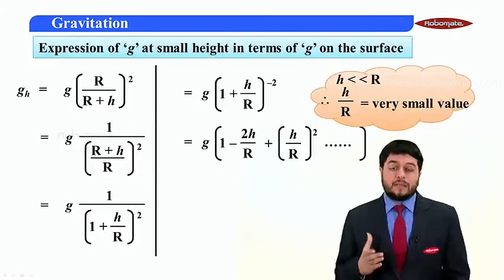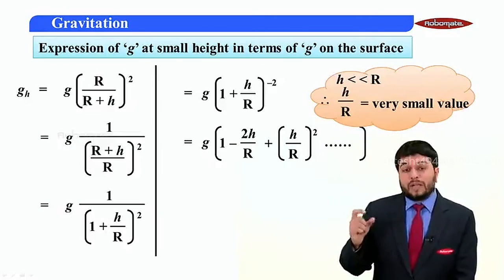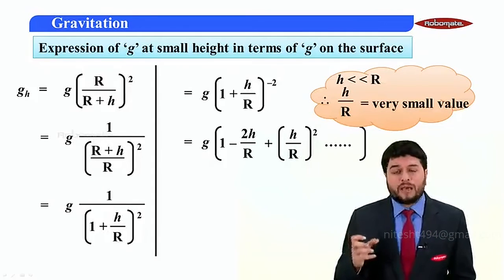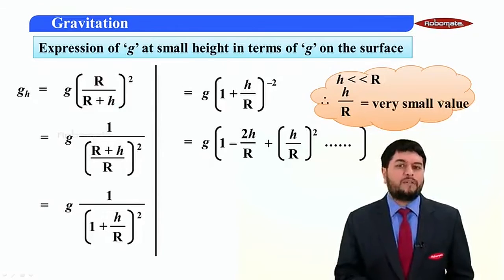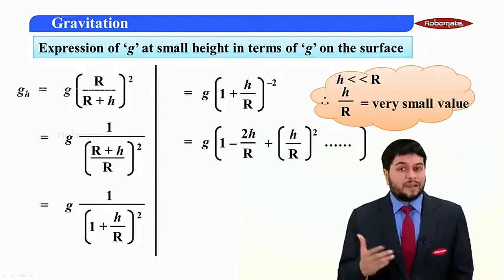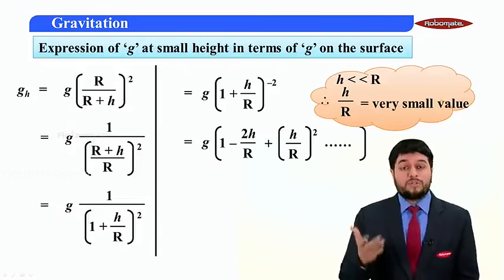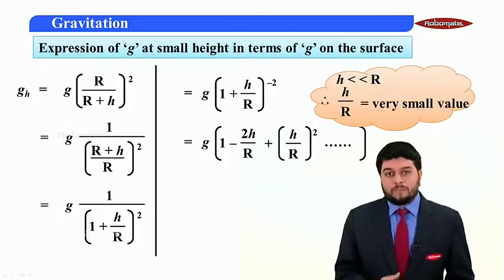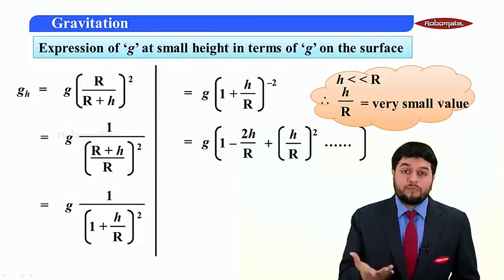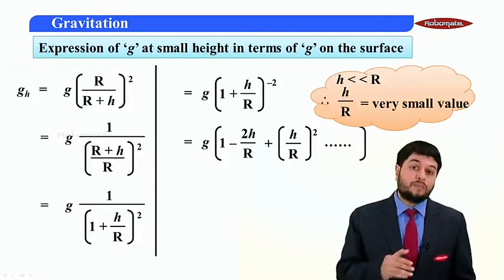So in that case, it's very clear that the numerator h is small and denominator R is very big. So h by R will be a very, very small value. And if it's a very small value, then its higher orders, means raised to 2, raised to 3, will be even smaller. Means if it is 0.1, then 0.1 square will be even smaller, 0.01.